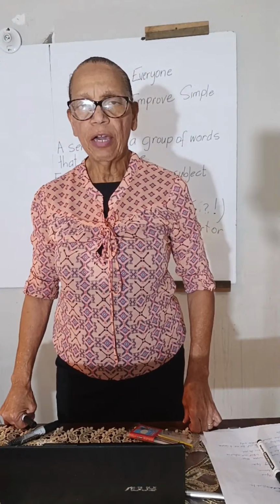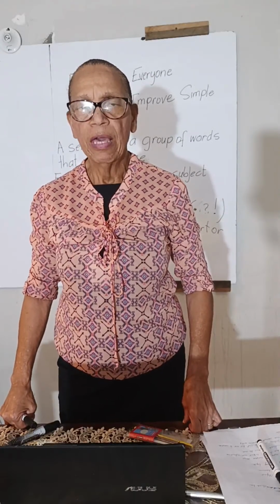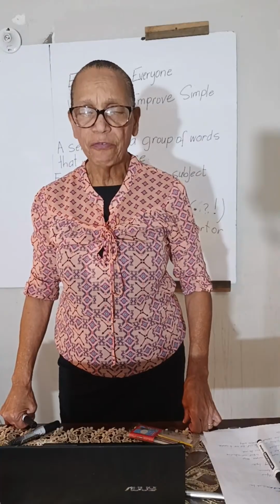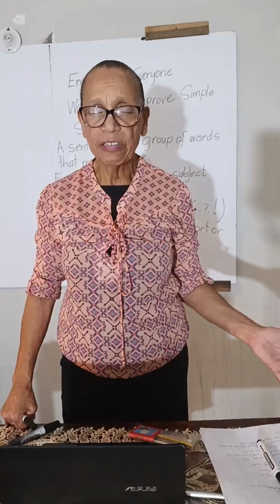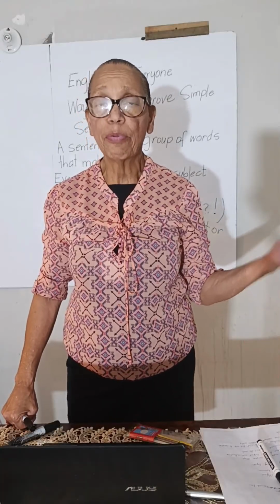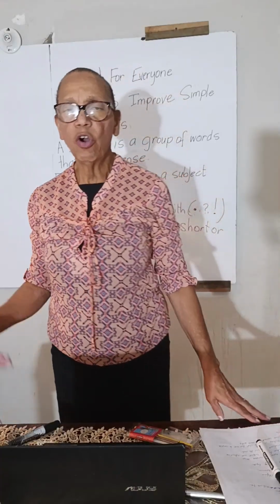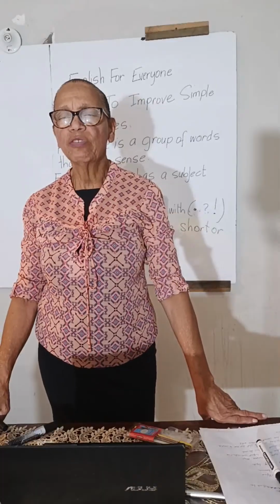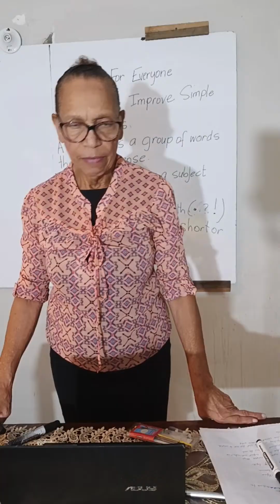The subject is who the sentence is about, and the predicate, or the verb, tells you what action that person does. Most times the subject is going to be either a pronoun or a noun. So what he or she does. So those are the two main parts of a sentence.